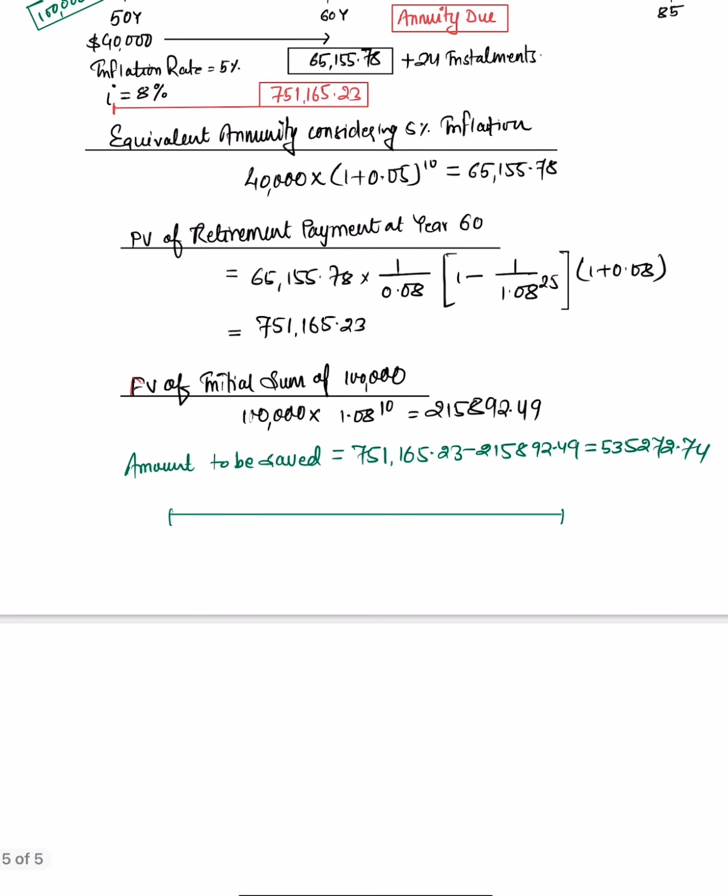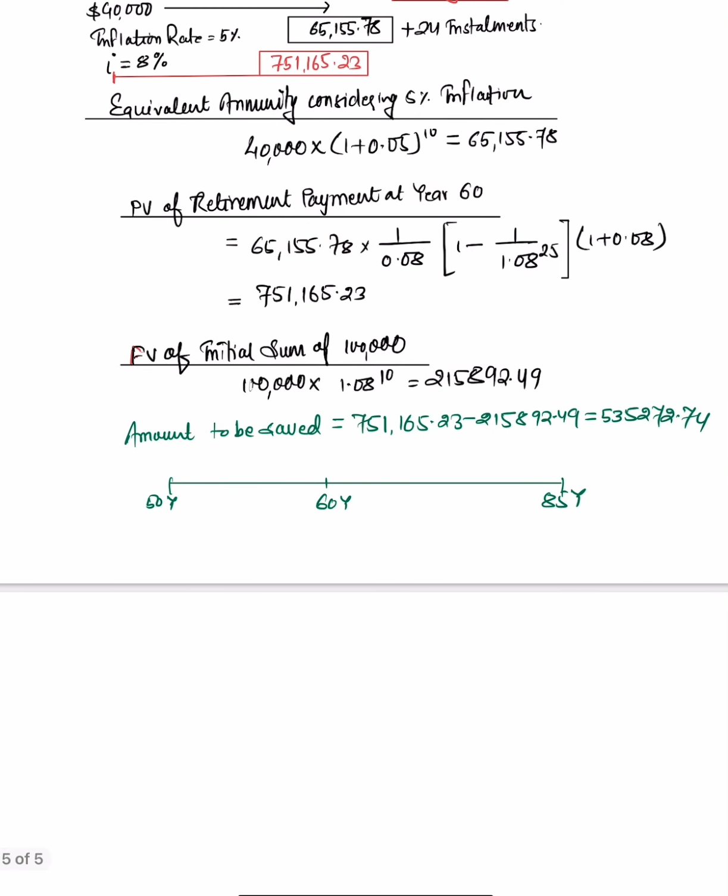Okay, so let's draw another timeline to be much clearer about it. Let's copy everything that we have: 50 years, the 60 year, and then the 85 years. We have already done the calculation of how much money needs to be accumulated over this 25-year period. Towards this end, you have to have, as the question said, 751,165.23.